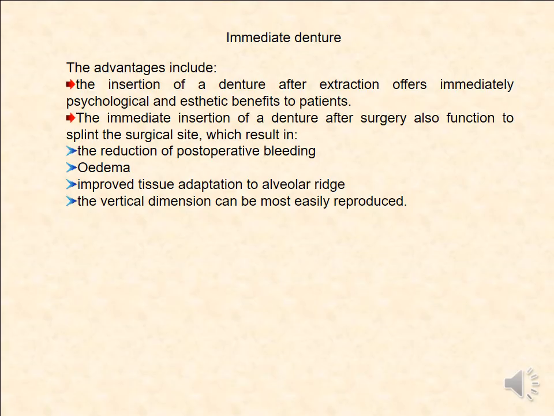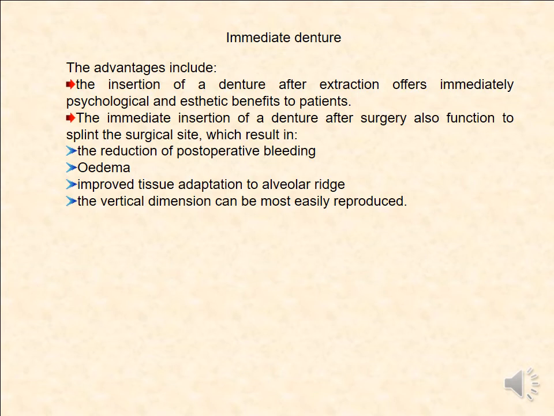Now, after finishing the soft tissue problems, we go to other categories. There is the immediate denture. This denture is constructed from an impression taken before extraction of the teeth.